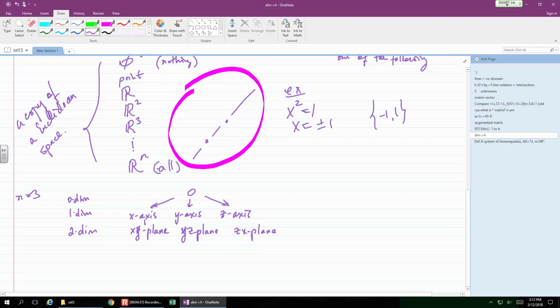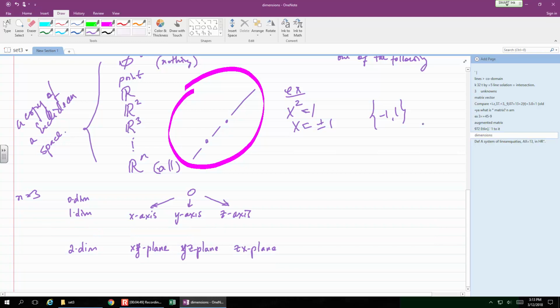Let me try to stretch it a little. So I could go from the x-axis to the xy plane or xz plane. From the y-axis I could go to the xy plane or yz plane. And from the z-axis I could go to the yz plane or zx plane.